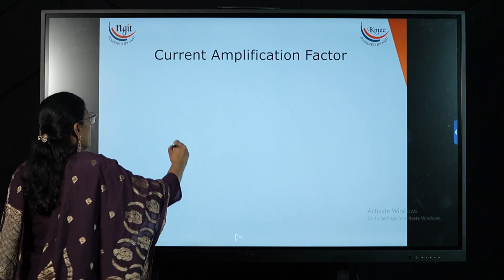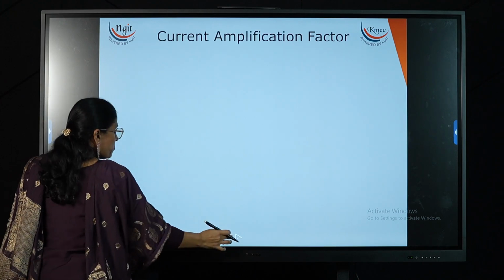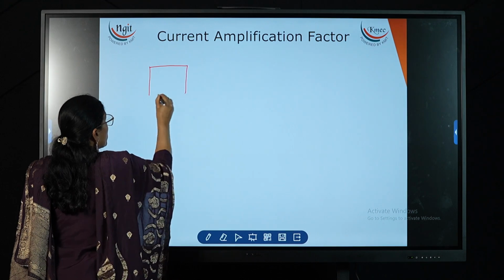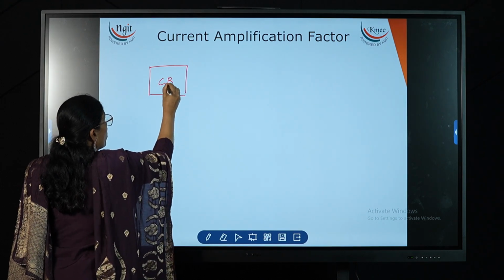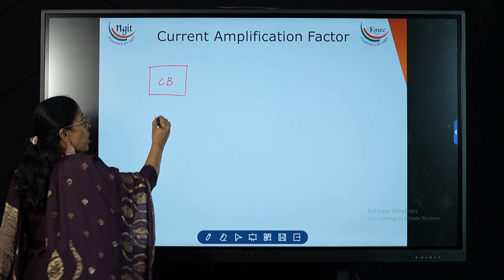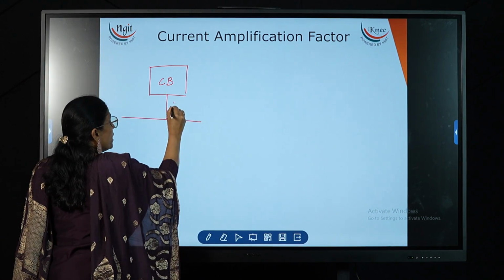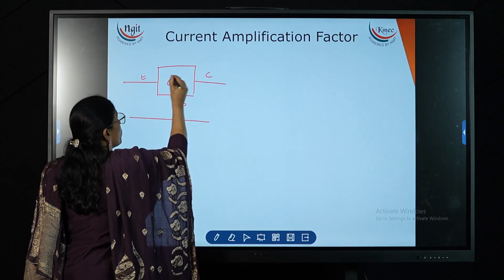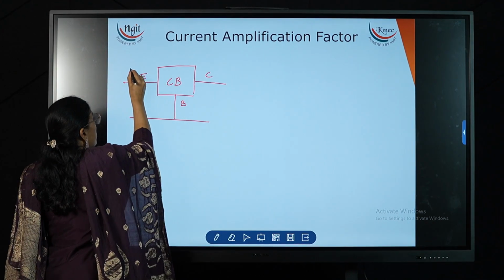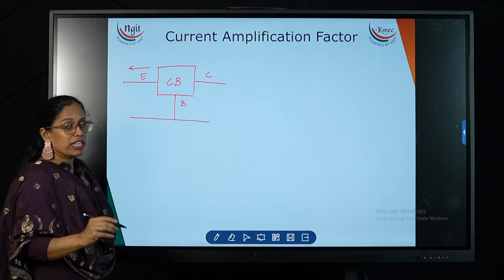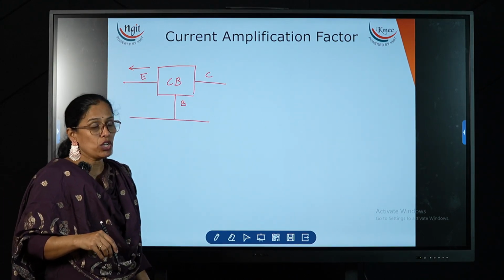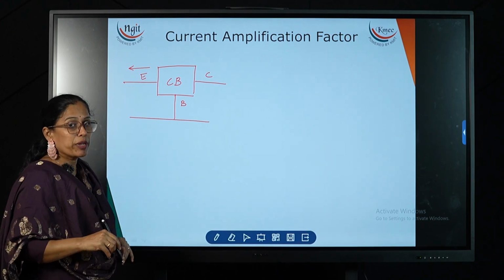Now, if I consider this as a common base configuration, CB, the base is the common terminal, the emitter is the input terminal, and the collector is the output terminal. We have already discussed this configuration with the NPN transistor, so here also I am considering an NPN transistor.